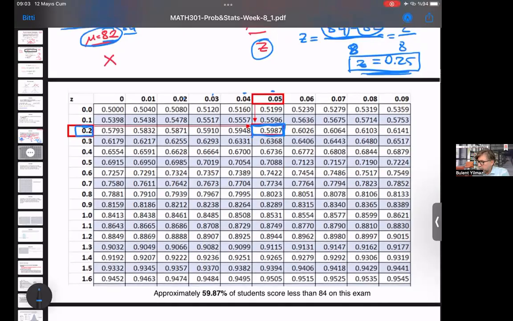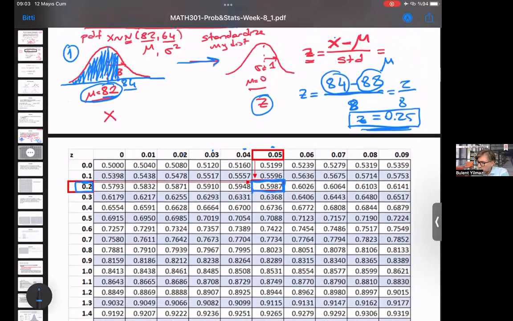Now I can say the probability of obtaining a student who has a grade less than 84, a randomly selected person whose grade is less than 84, is now the probability of z being less than 0.25, okay?